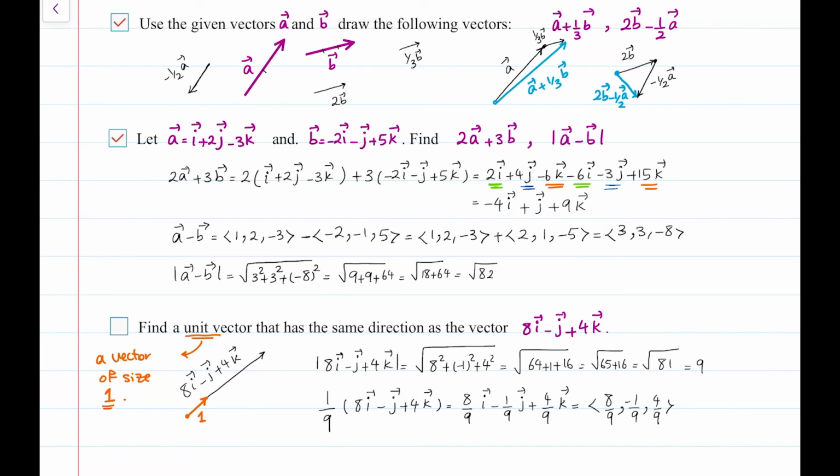So unit vector of size 1 in the direction of a vector, say v, is this: 1 over the length of v times the vector v itself. The length of any vector is a positive number because it's basically a square root.